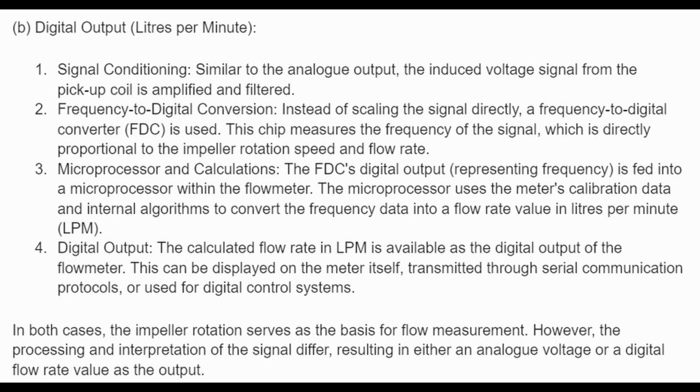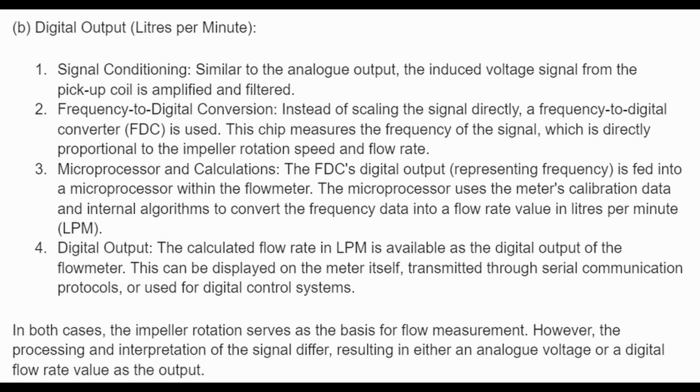1. Signal conditioning. Similar to the analog output, the induced voltage signal from the pickup coil is amplified and filtered. 2. Frequency to digital conversion. Instead of scaling the signal directly, a frequency to digital converter, FDC, is used.